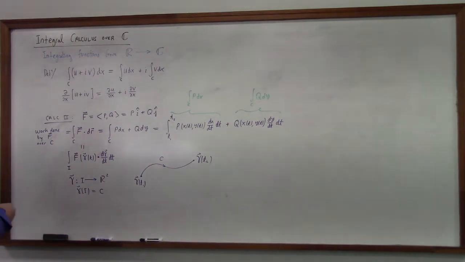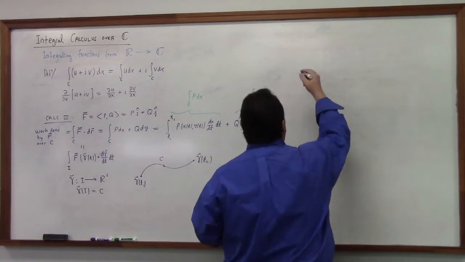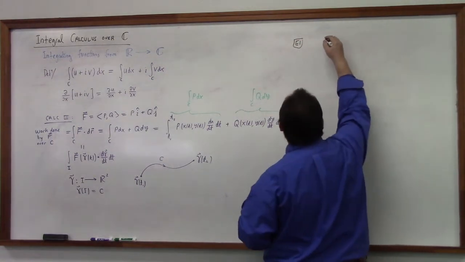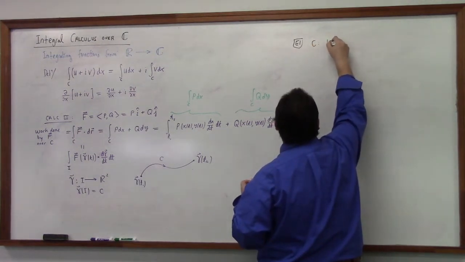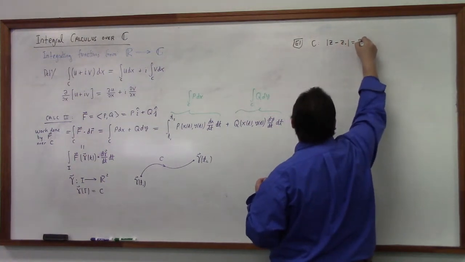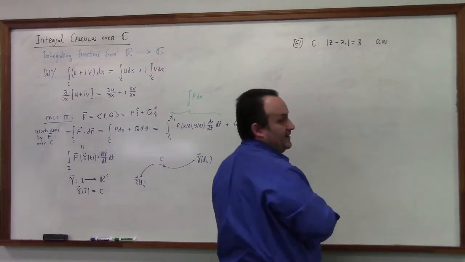Let me do an example. Suppose we're looking at C, and let's say that's the modulus of z minus z naught equals r, counterclockwise, right? So that's a circle, right?